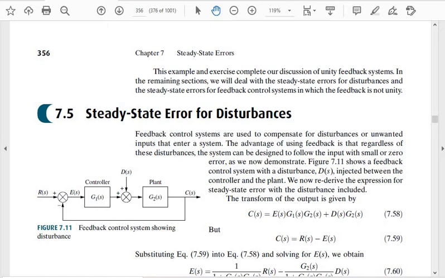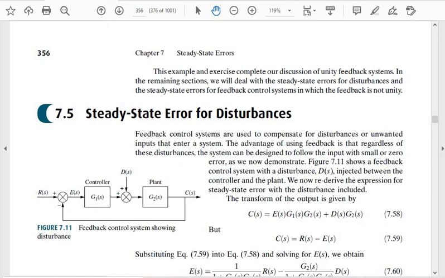Now let's see this block diagram where you have an input R of s, a controller that you need to design, then a disturbance input to the system, and this is your plant, and this is a unit feedback here. Now if I write the output, it depends upon the input and also depends upon the disturbances.